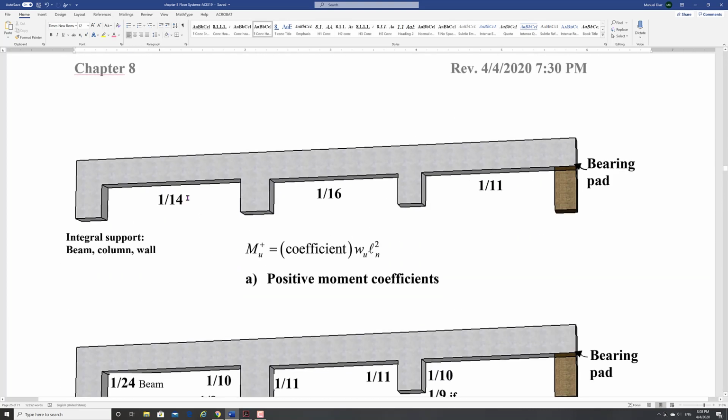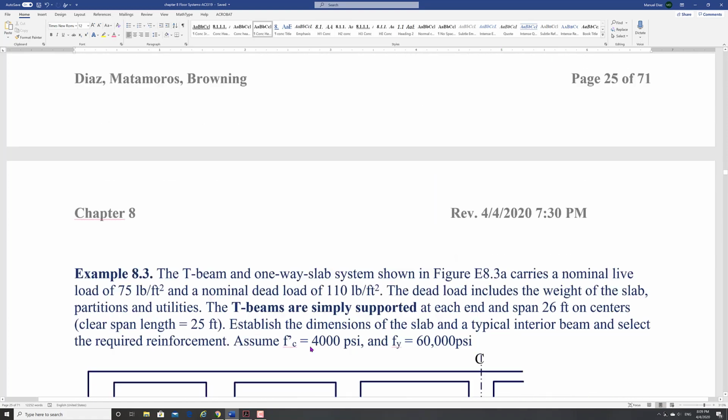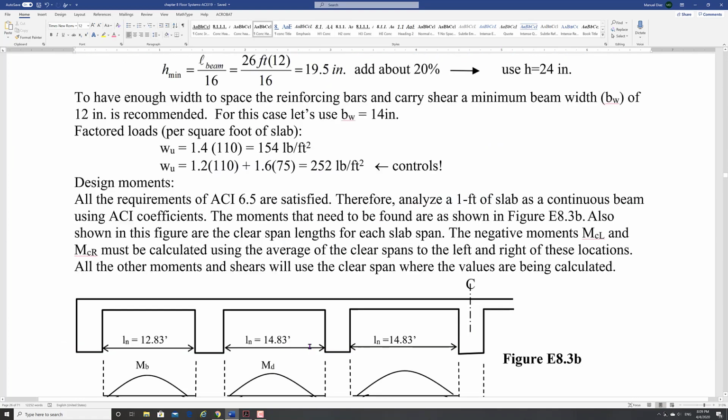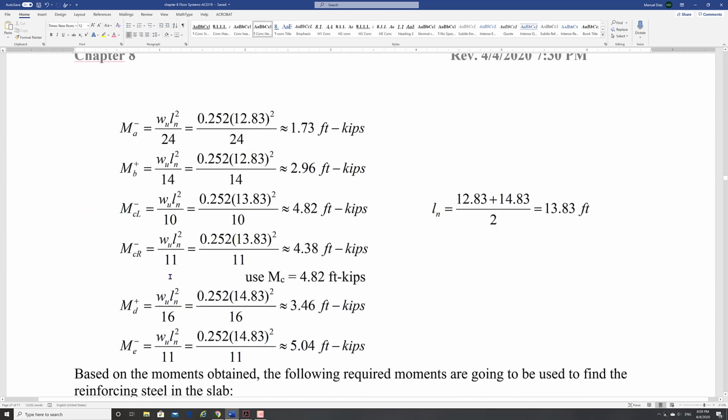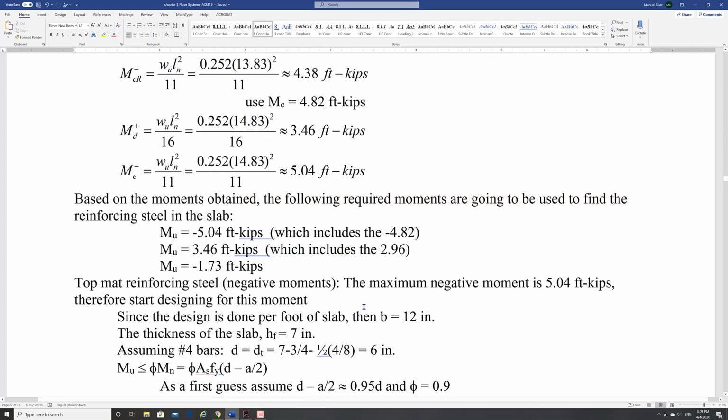Those are the 1/14 and the 1/16. This one we don't use because that is for a simply supported end. So we got those two positives, the first positive with 14 and the other positive with 16.